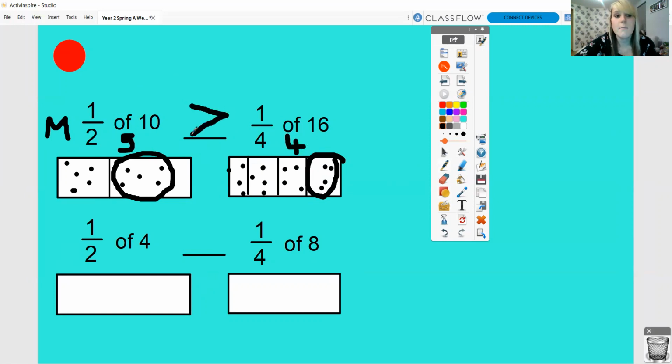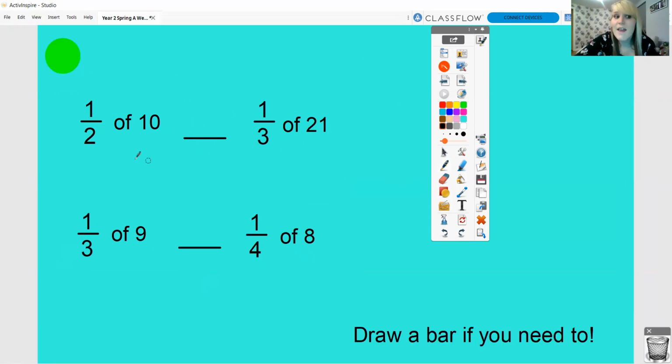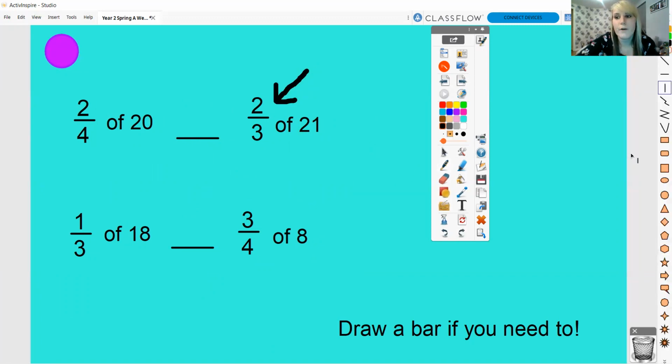Obviously, it's going to be half of 10 because he'd much rather 5 fish than 4 fish. And then you do the same. Orange is exactly the same, but the halves and quarters are juggled around. Green, there isn't the bar there for you to use, but you can draw a bar if you need to, okay? And then purple is the same, except the numerator, the number at the top, is different.